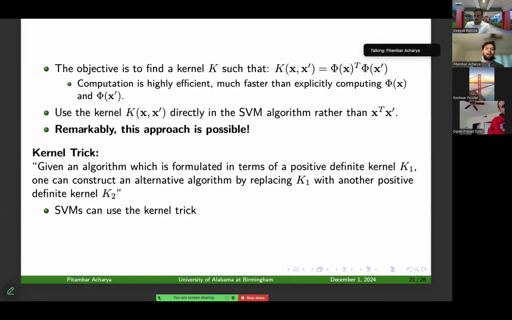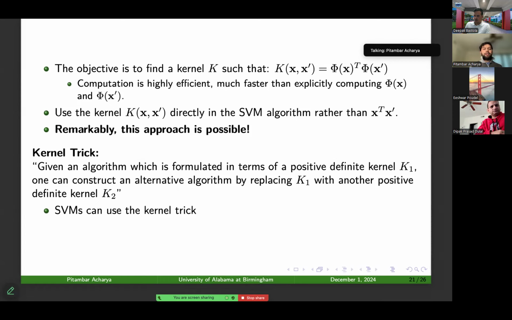But the simple formulation here is given an algorithm which is formulated in terms of a positive definite kernel. This is simply a matrix, and positive definite is simply that this is greater than or equal to zero. And we can construct an alternative algorithm by replacing the kernel K1 with another positive definite kernel K2.